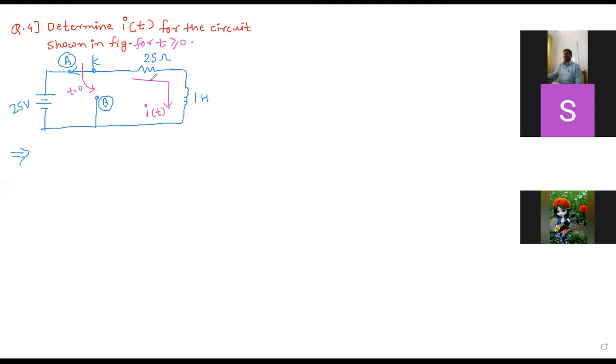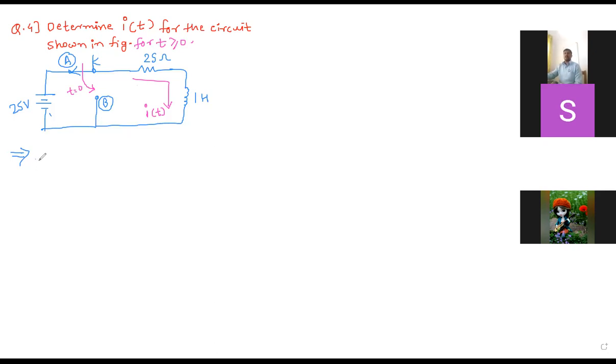As only one inductor and one resistor are there in a series circuit, you can use the DC response of the RL circuit. According to that, also you can solve. But by using the final value theorem also you can find it. So by using the final value theorem, we can try to solve it.